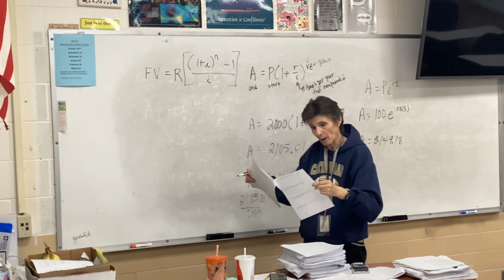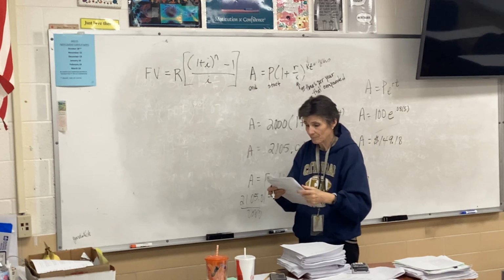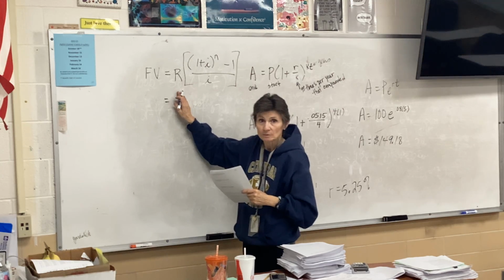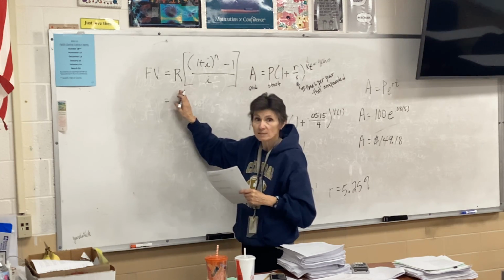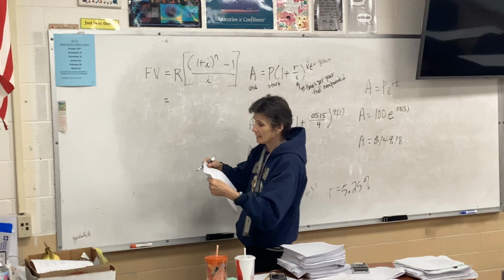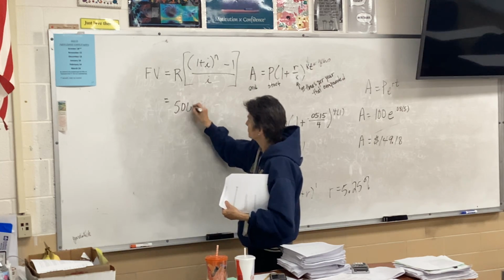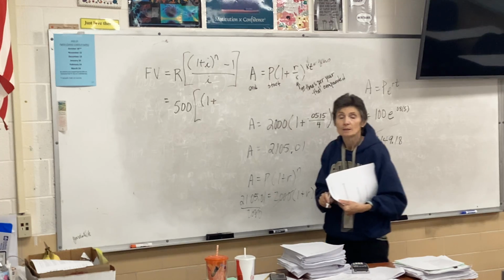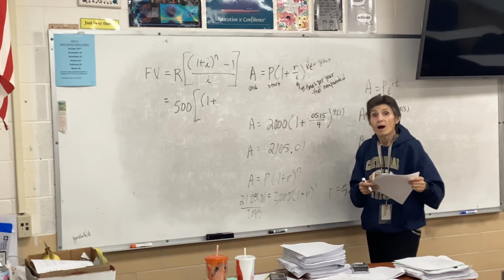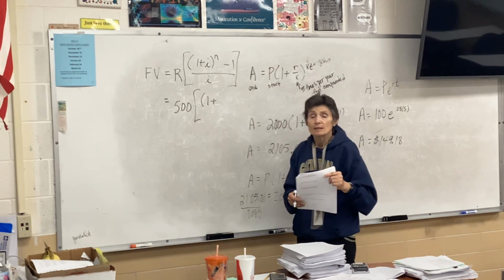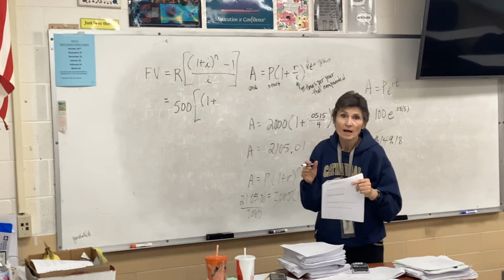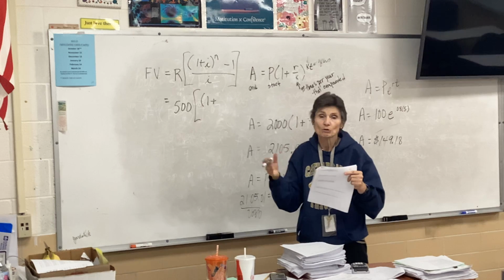So where's the problem? This is number 7. R is the payment amount. R is the payment. So she is making a $500 payment. Now, I is the interest rate divided by the number of times the payments are made.